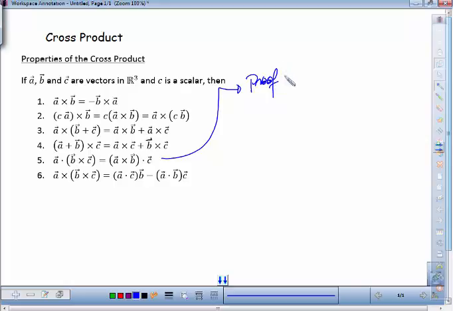So to prove this, what we're going to do is let the A vector equal A1, A2, and A3. And then we need B and C also, so we'll do the same thing.